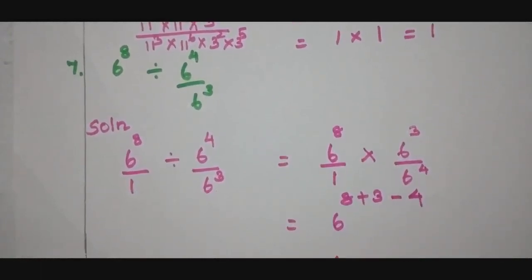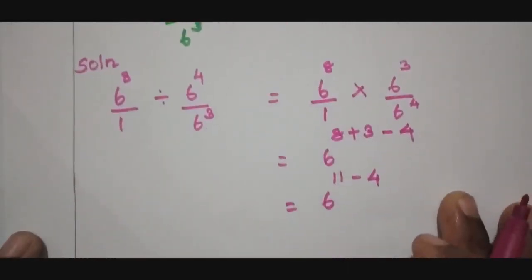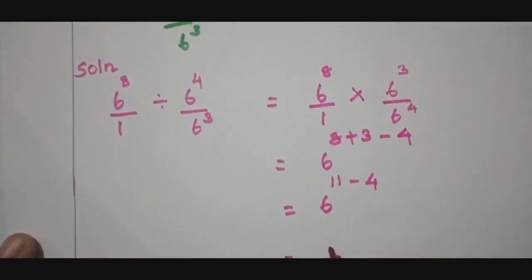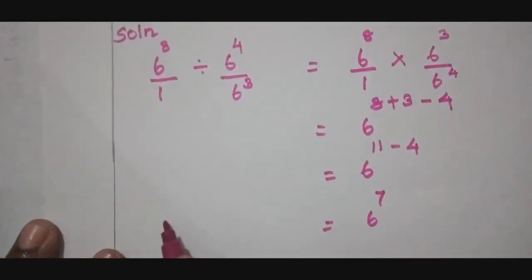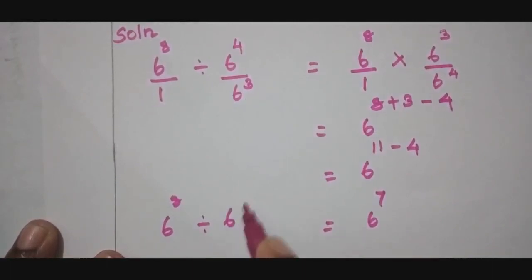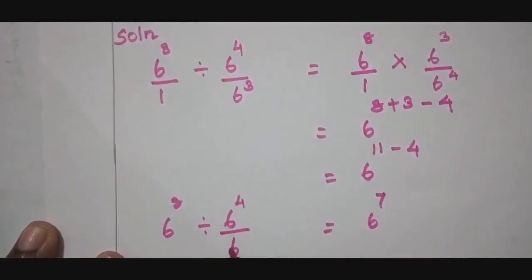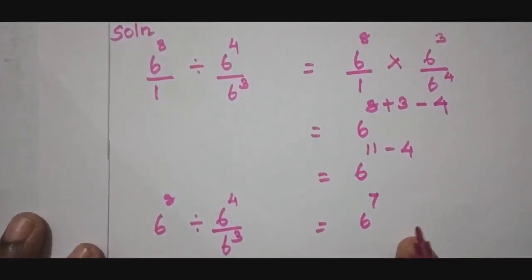Is equal to 6 power 11 minus 4. 11 minus 4 is 6 power 7. 6 power 8 divided by 6 power 4 by 6 power 3 is equal to 6 power 7.